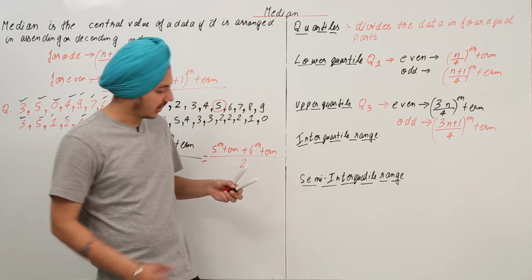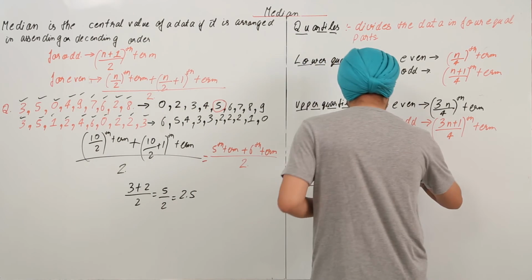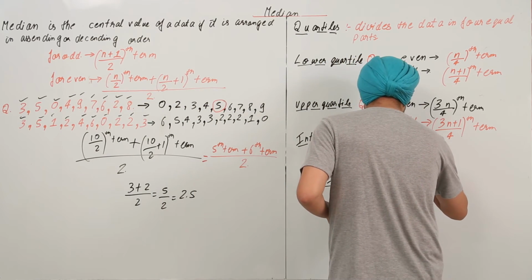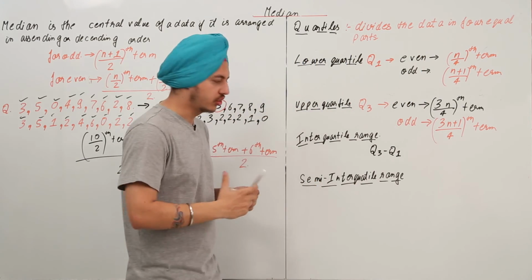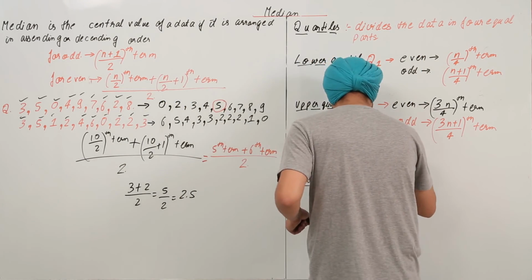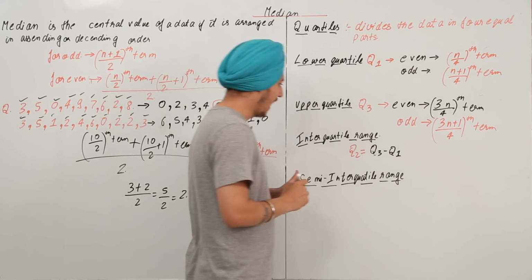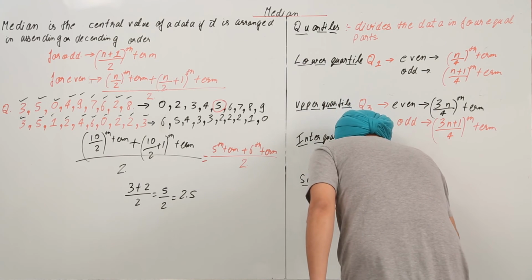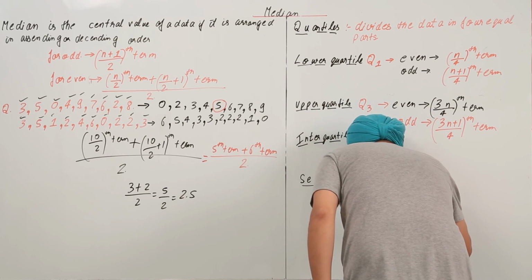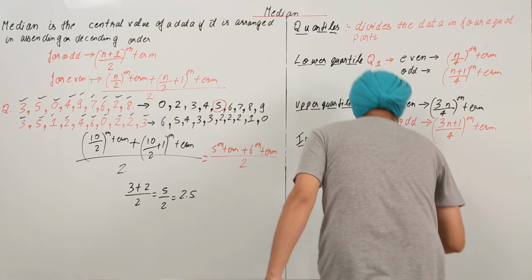Now what is interquartile range? Interquartile range is simply Q3 minus Q1, which is denoted by Q2. Okay, and the semi-quartile range is Q3 minus Q1 divided by 2.